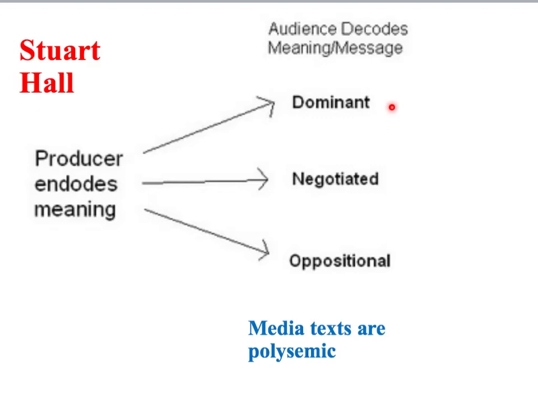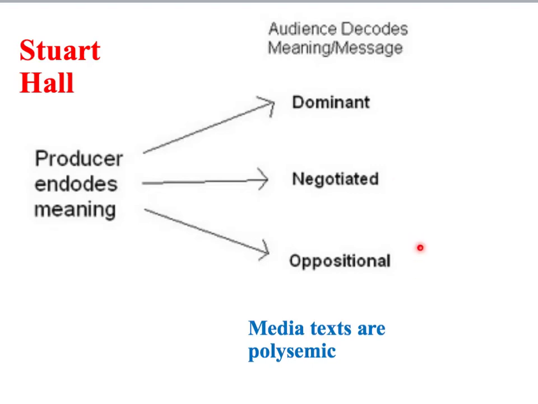So a dominant reading is one where audiences read or decode and interpret media messages in the way that those producing the media content actually intended. A negotiated reading is perhaps the most common reading of a media text and describes the audience position of partly accepting the intended meaning of a media message but partly rejecting it.